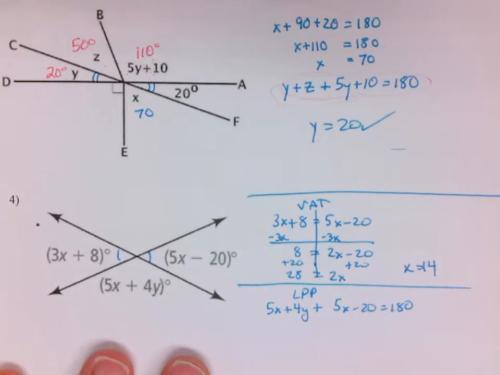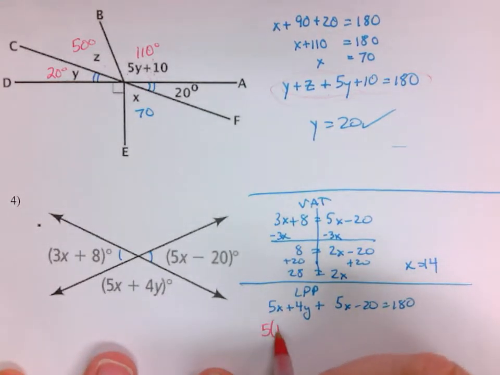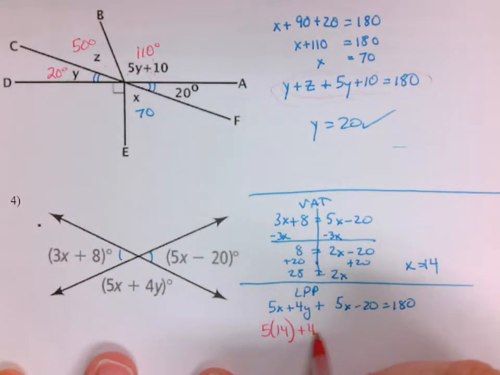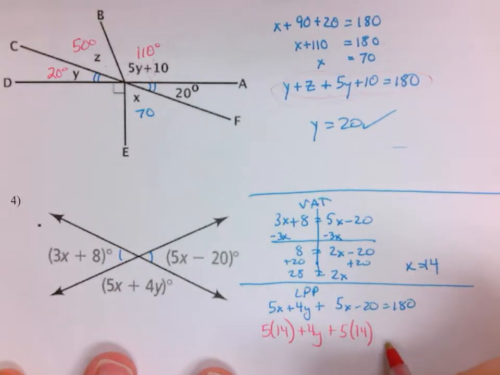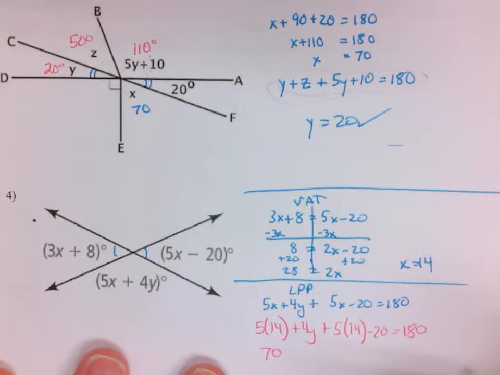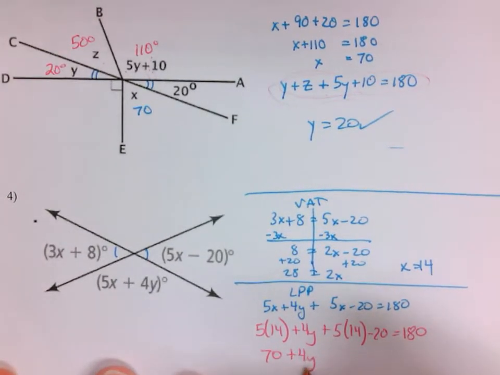So then you can go down here and plug in 14 for x. Two places, so 5 times 14 plus 4y plus 5 times 14 minus 20. And then just be careful simplifying. 70 plus 4y plus 70 minus 20 equals 180.